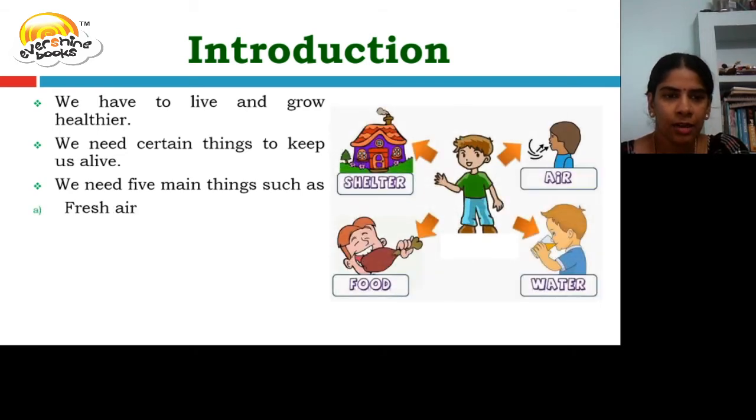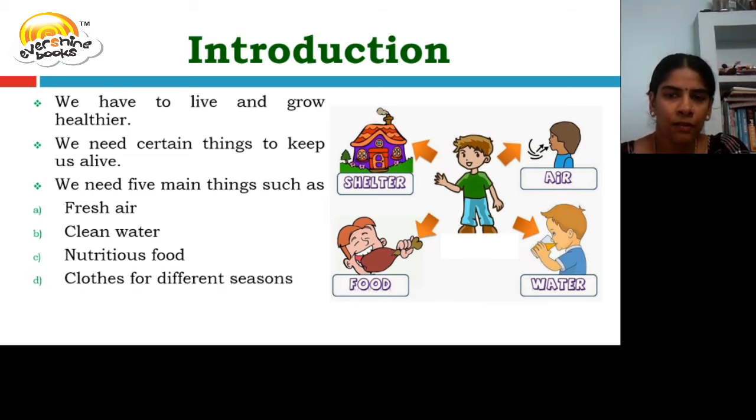We need fresh air, clean water, nutritious food, clothes for different seasons, airy house. That is, we need 5 main things to live and grow healthier.